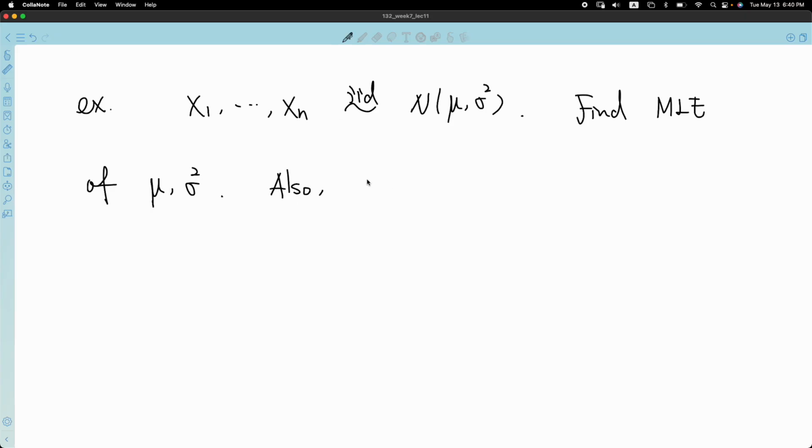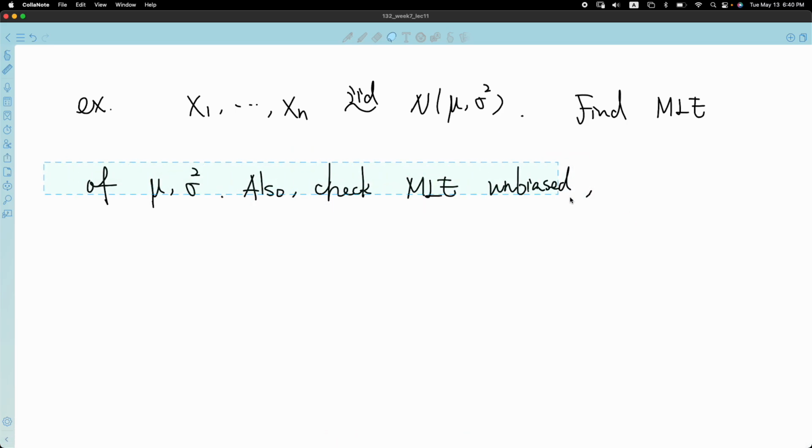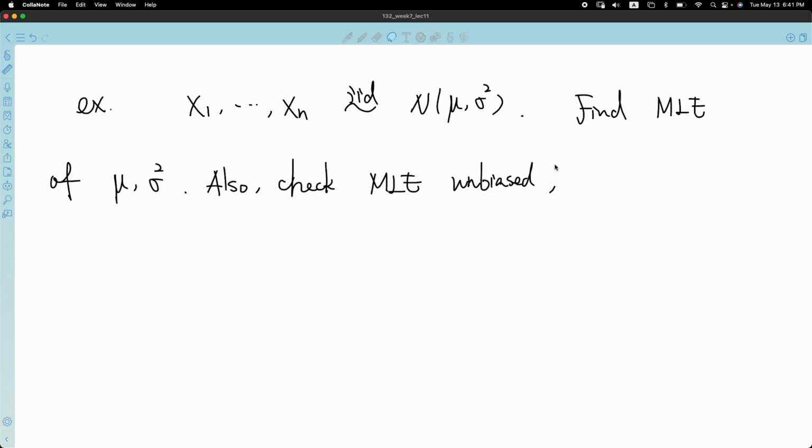Also, check whether the MLEs are unbiased, and then if they are unbiased, you can check whether they are efficient, and then whether they are consistent.